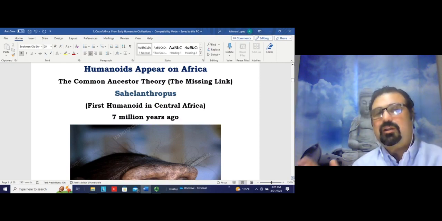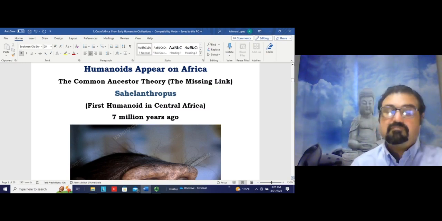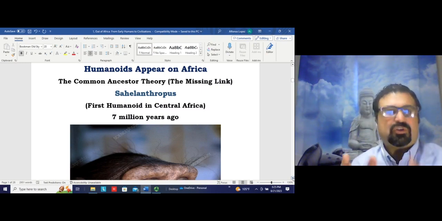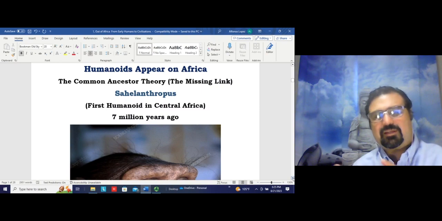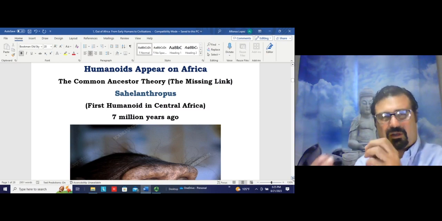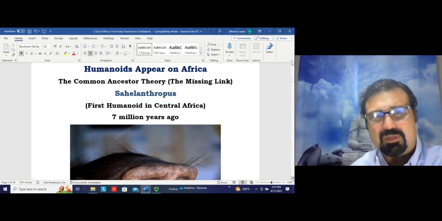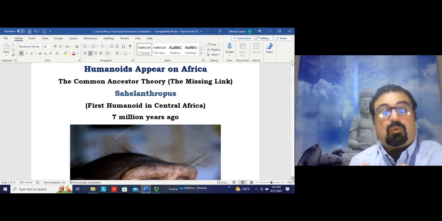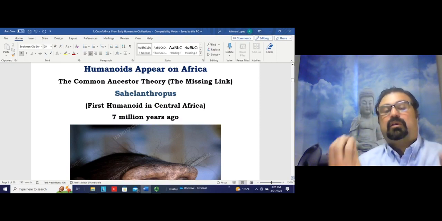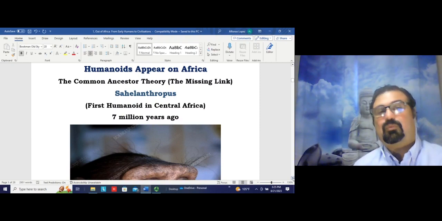Okay, so that's what it means, the missing link, in other words. So it's just a theory, again, that is mainly based on genetics, that there's a close association between humans and apes, but we just don't know what our common ancestor is, whether we share a common ancestor.